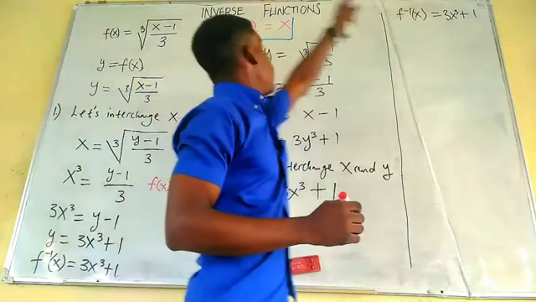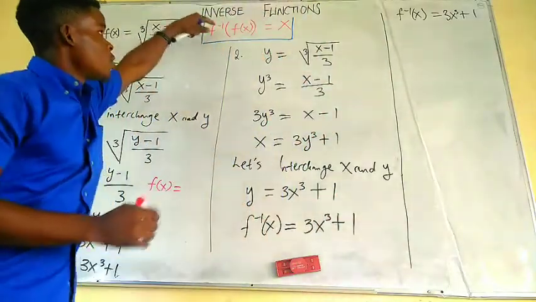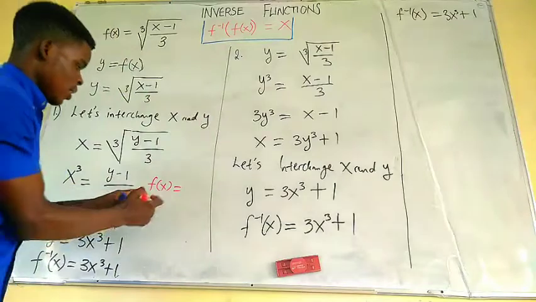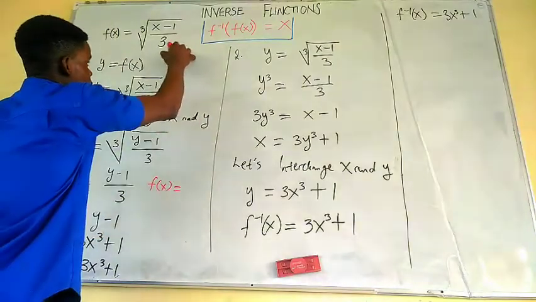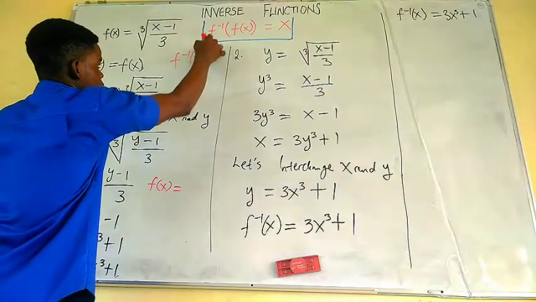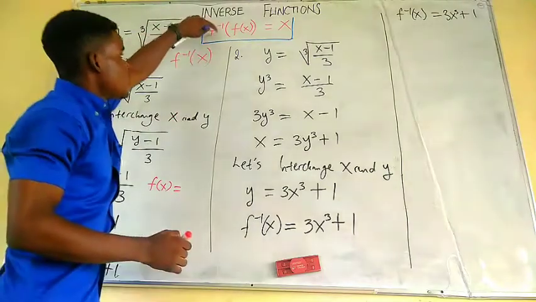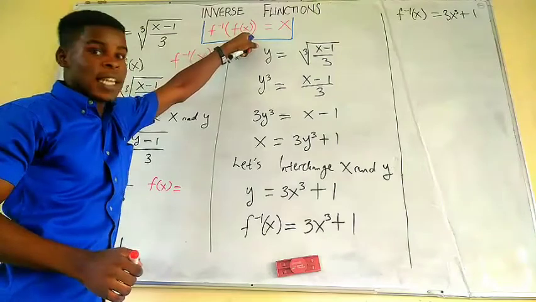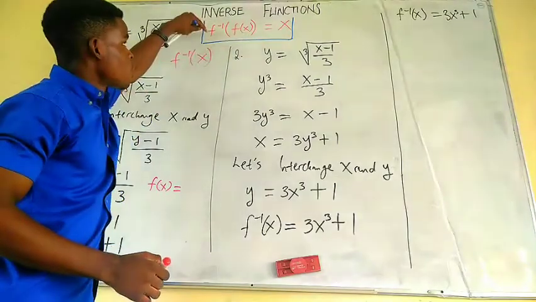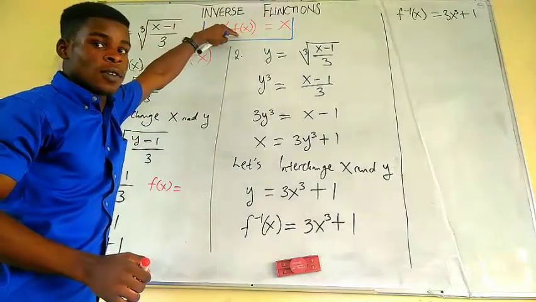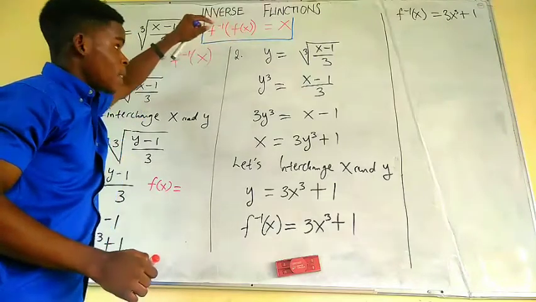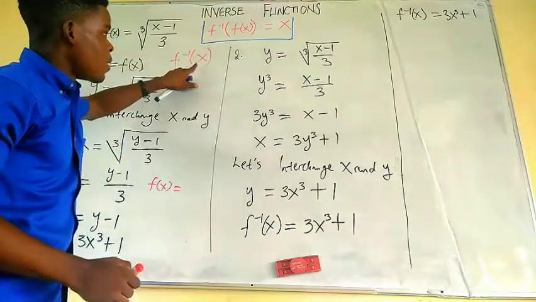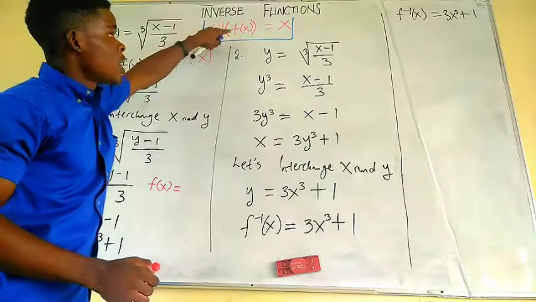Having f inverse of, now in place of x, in this one by comparison, we have f inverse, we have x. So by comparison, you see that in place of x right here, f of x has occupied that place. That means this function f inverse will be written in terms of f of x, like that, instead of x. So in place of x, we're going to put f of x.